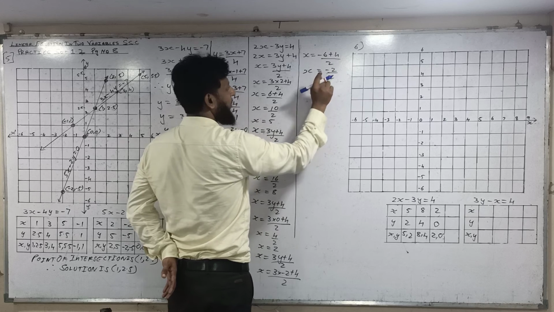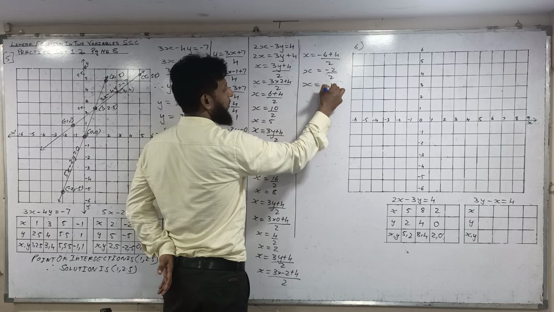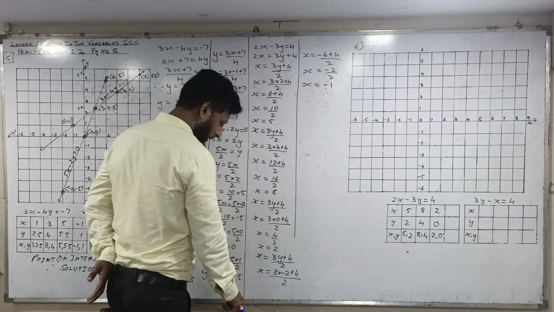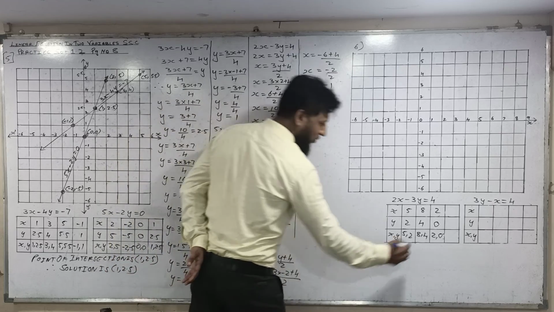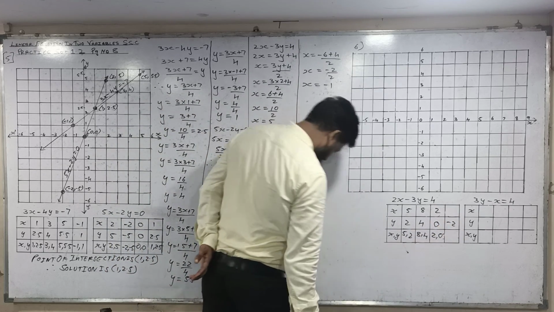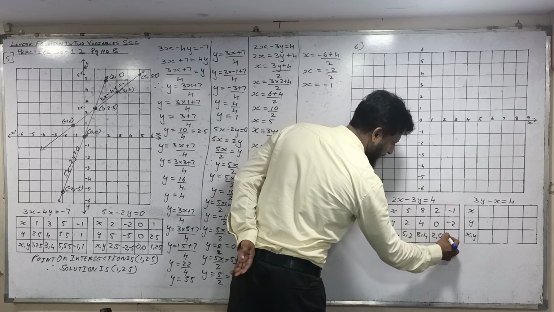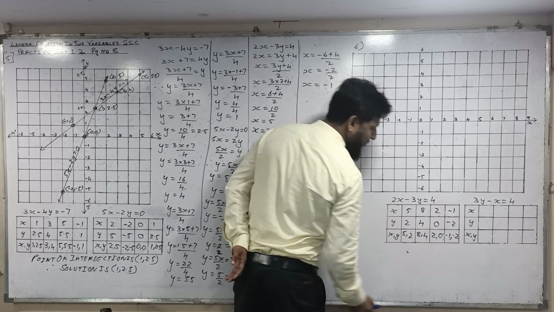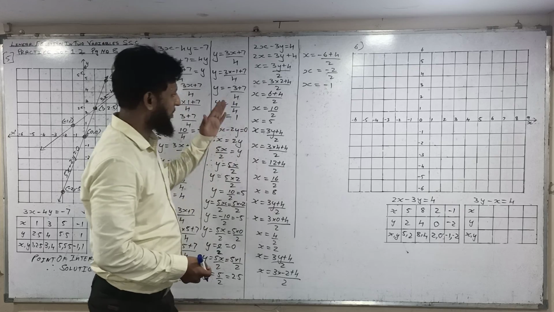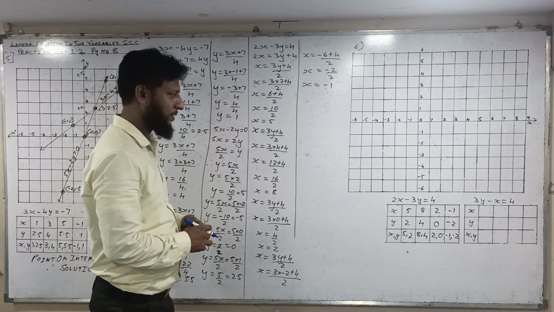Minus 6 plus 4 is minus 2. x is equal to minus 1. So when I am taking y value minus 2, I am getting x value minus 1. Okay, minus 1 and minus 2. Now this equation, we get this 4 value.